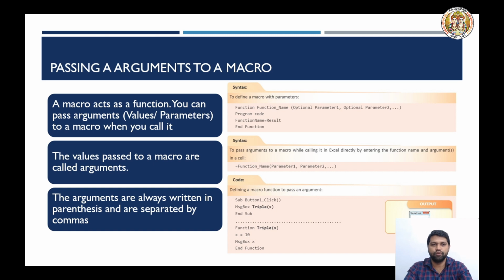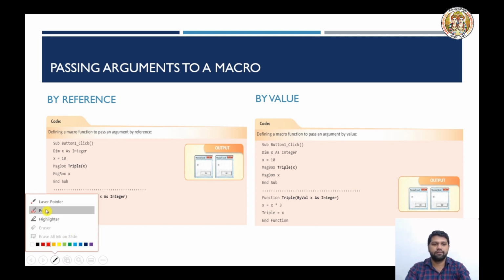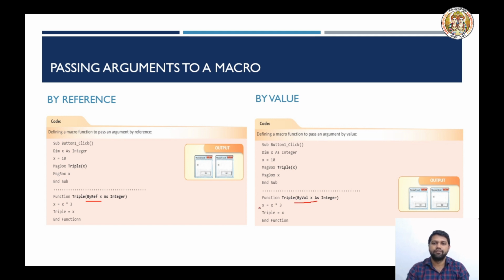So let us see how to pass the values. Again for that we have two ways: one is by reference and the other by value.